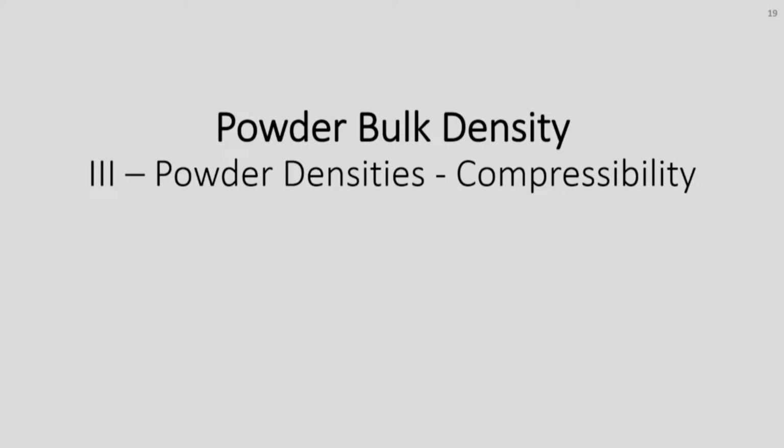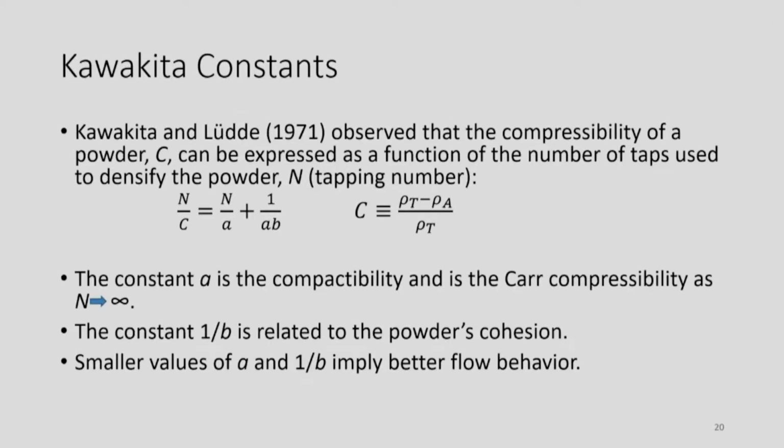Okay, so we'll talk about compressibility and compacted bulk density. Before going into it, again, it's very related to the bulk and tap density. This equation you might see in powder papers a lot, the Kawakita and Ludde paper.